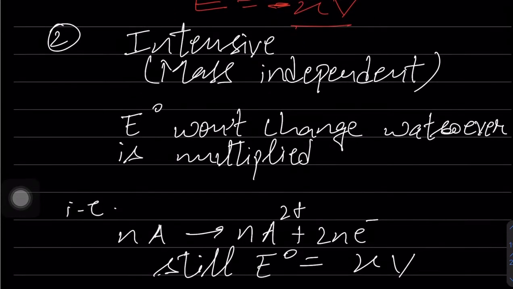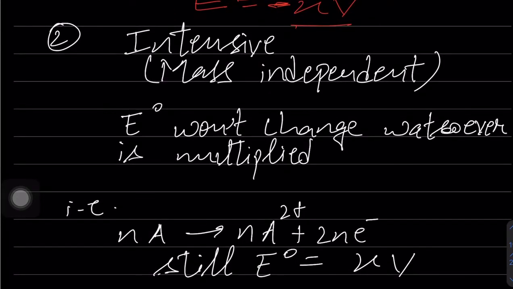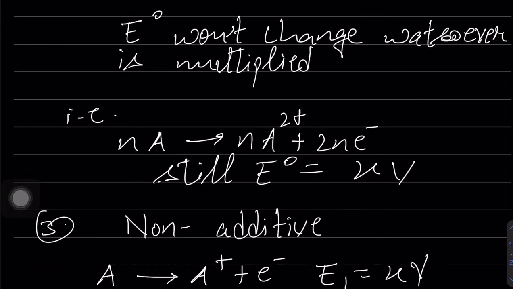Next, E is intensive. Delta G was extensive, mass dependent, but E is intensive, that is, mass independent. It means whatever coefficient we write for the reaction, E will remain the same, that is, E naught won't change. Everybody understands that E naught won't change.